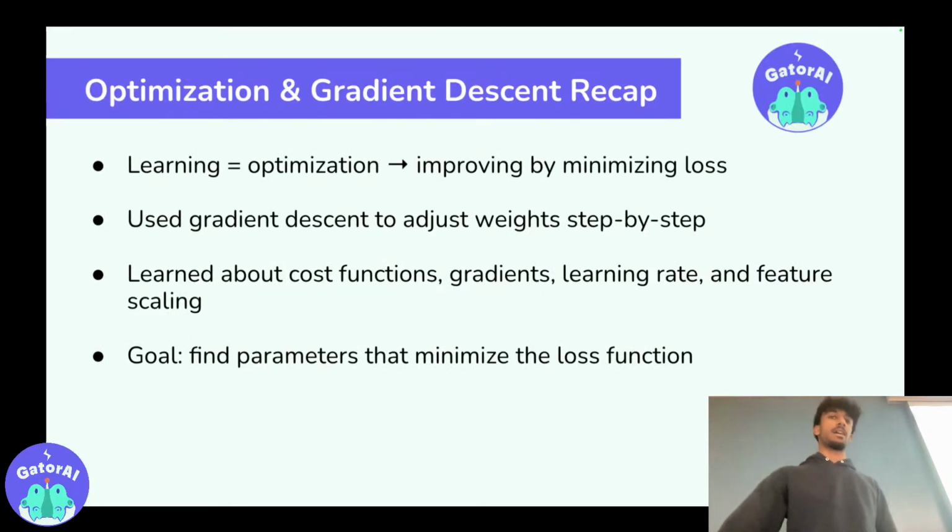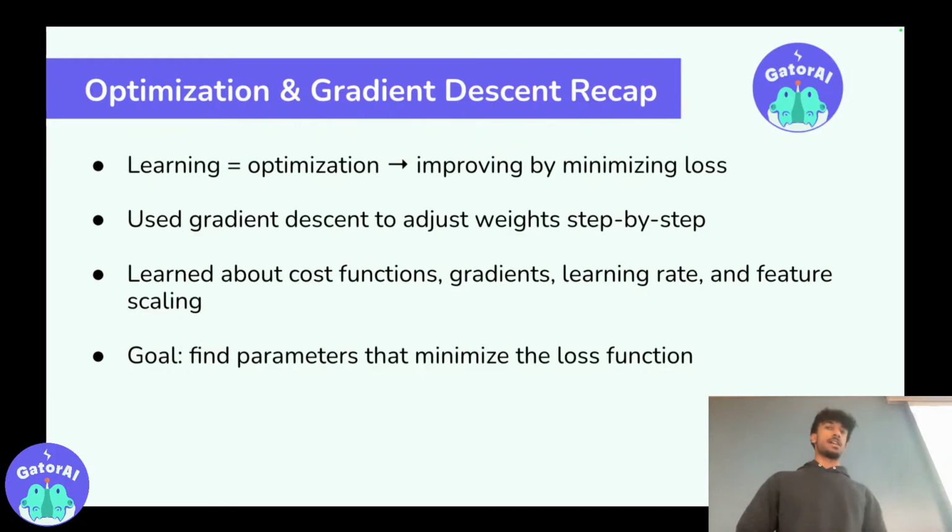Quick recap again from last week. Remember that machine learning is essentially optimization. The model starts off clueless, makes predictions, and we measure how wrong it is using loss functions. The goal is to tweak the model's parameters, its weights, to make sure that the loss gets smaller over time.